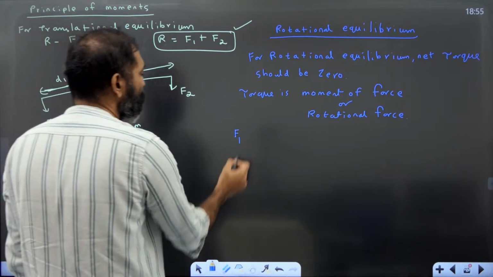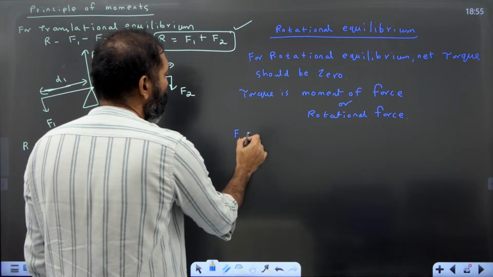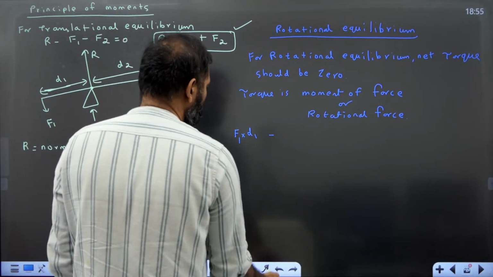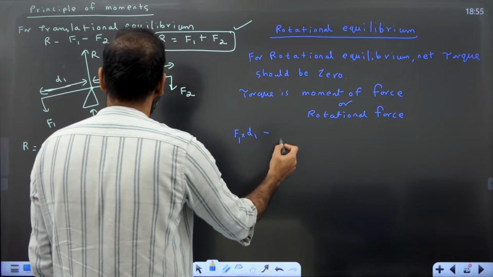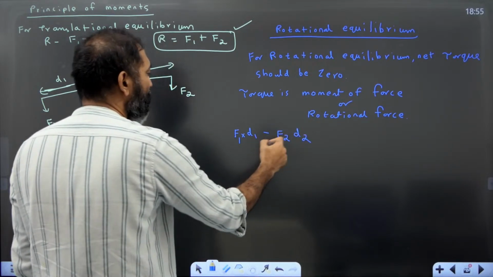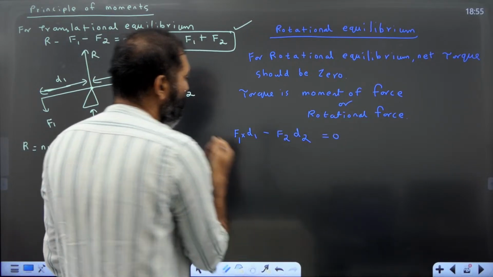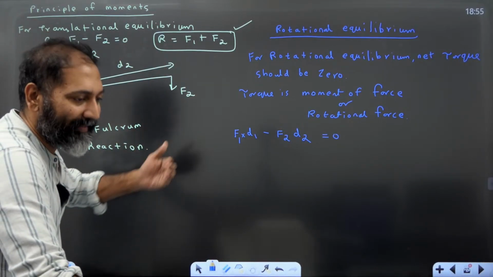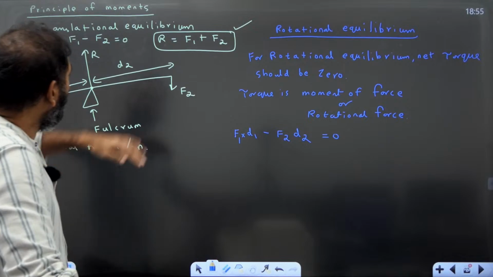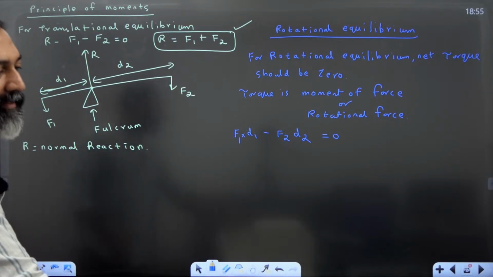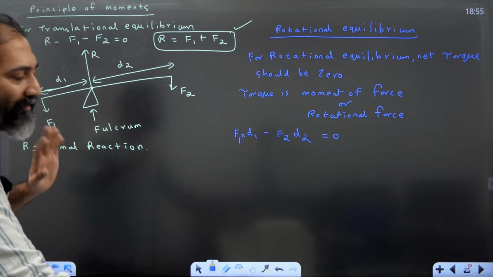So first force is what? F1 into D1 is equal to what? Not is equal to, minus F2 into D2. That is, net torque is equal to 0. Any doubt? So here I have followed a method in which anti-clockwise moments are taken as positive and clockwise moments are taken as negative.